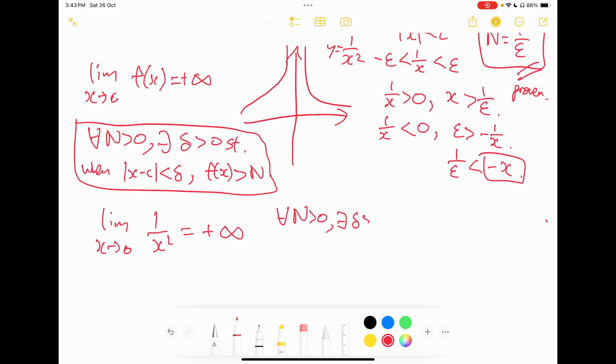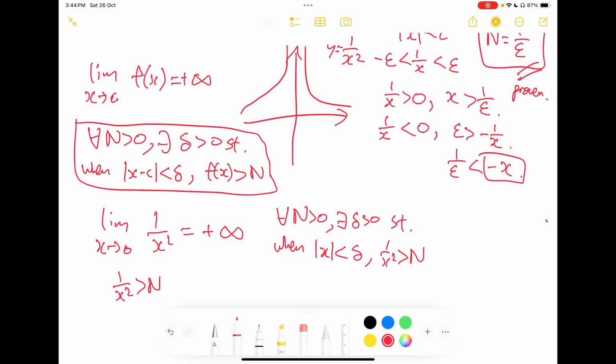So we need to find a value of delta such that when x minus 0 is lesser than delta, 1 over x squared is greater than n. Alright, so we've established that 1 over x squared is greater than n.